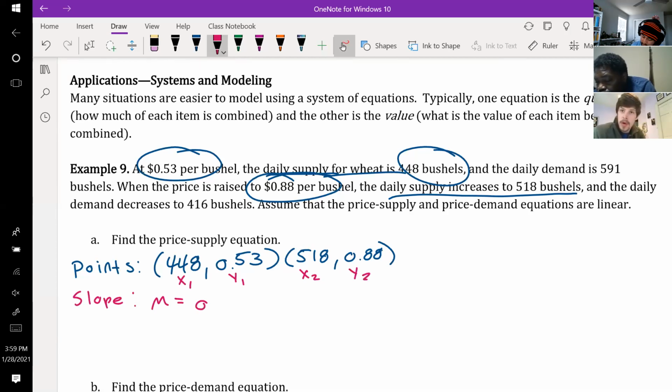So we'll have 0.88 minus 0.53 over 518 minus 448.